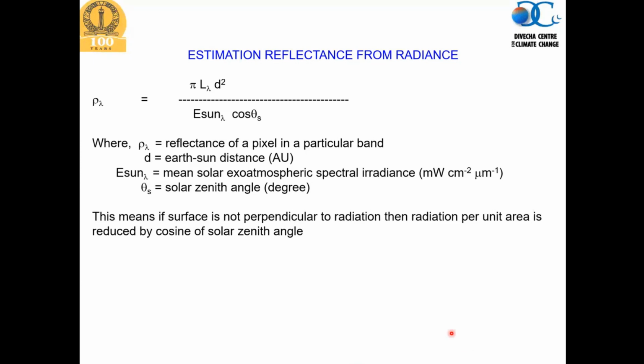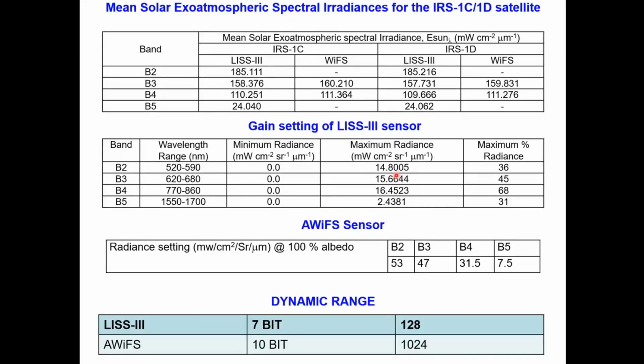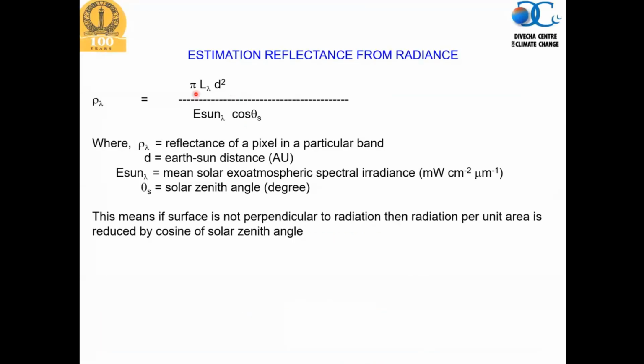In order to do that, for the reflectance of a pixel in a particular band, you have this formula, where d is the Sun-Earth distance, E sun is the mean solar exoatmospheric spectral irradiance. We have seen some of this exoatmospheric irradiance here. This much is reduced coming from the sun. And cos theta s is the zenith angle.